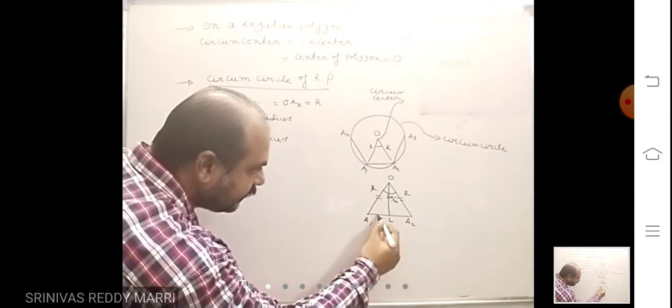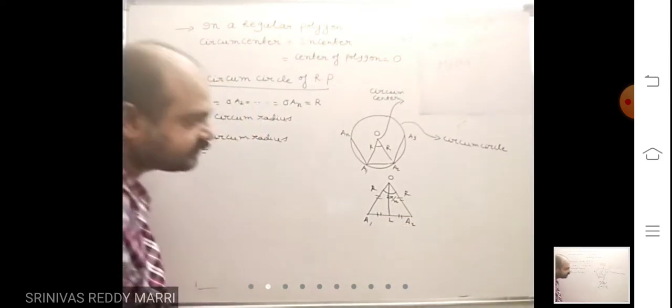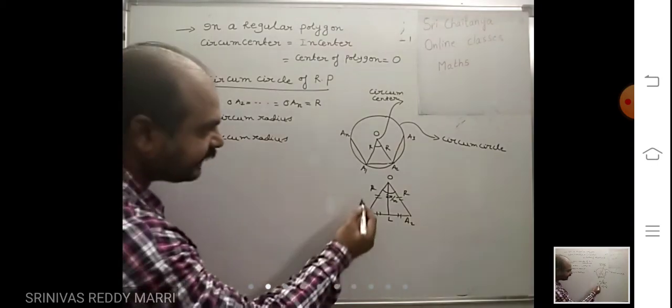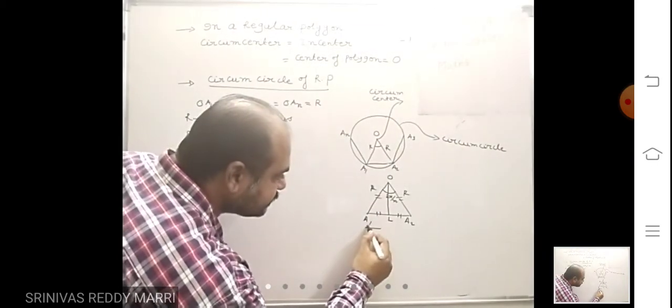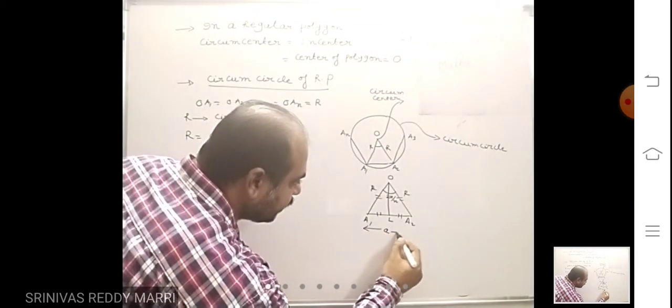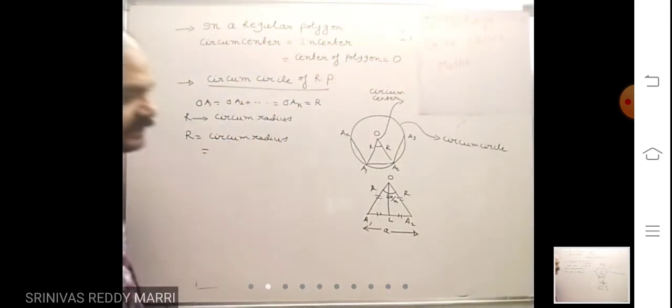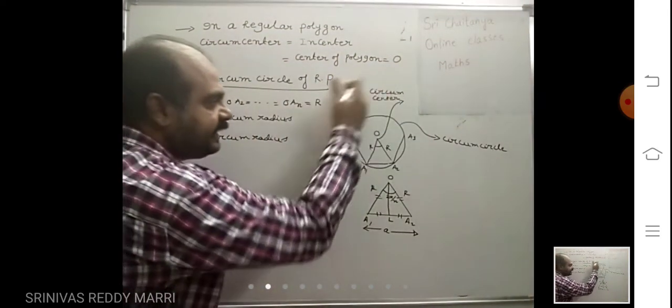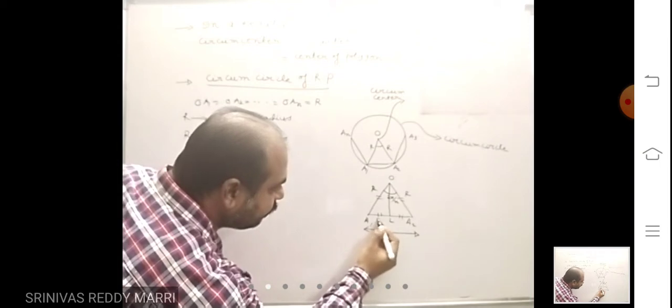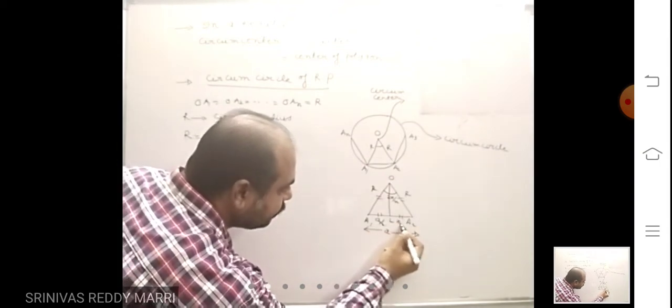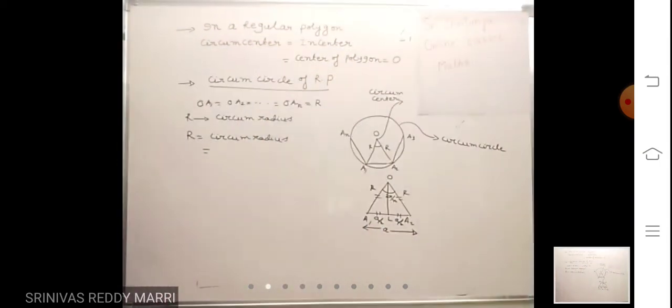Let us say this is L. Let us say for the polygon the side length is A, each side equal to A. Then this will become A by 2, and this will become A by 2.